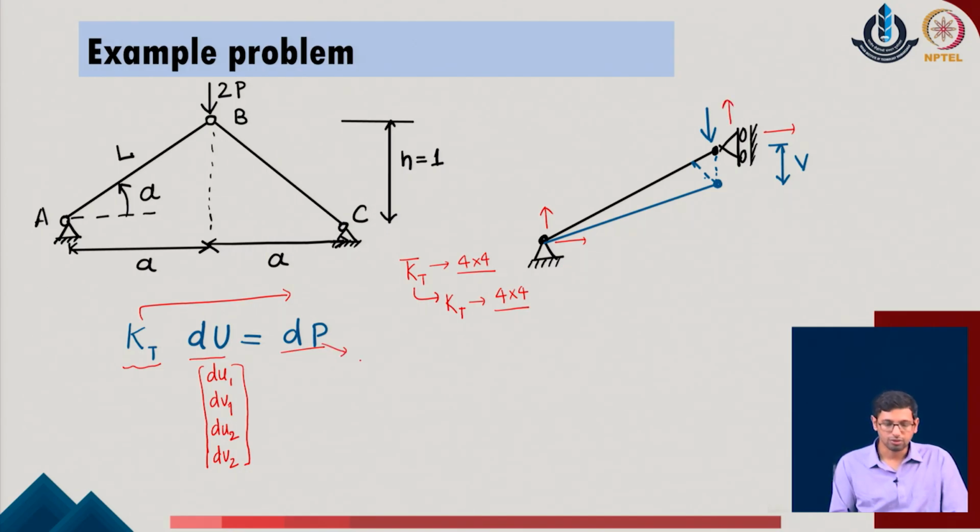Similarly, the load, d of p, is also the incremental load which is typically provided at the ends of the members in the direction of these 4 degrees of freedom, and this can be described as d of p1, d of q1, d of p2 and d of q2 in the given system.